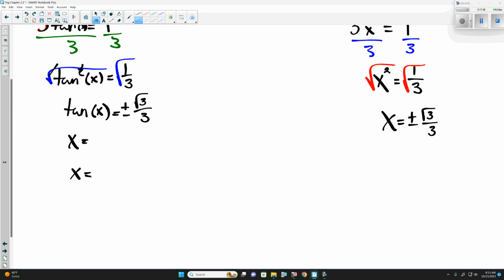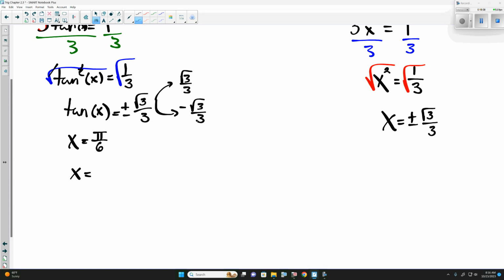And if we look at it, tangent is square root 3 over 3 at pi over 6. That's our 30 degrees. Well, we can look at all the others that are 30 degrees that are positive and negative, because we're saying that this is true for square root 3 over 3 and negative square root 3 over 3, yes?